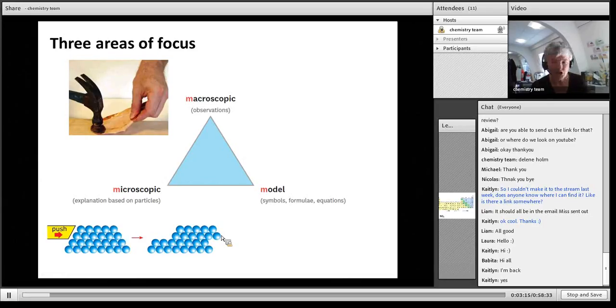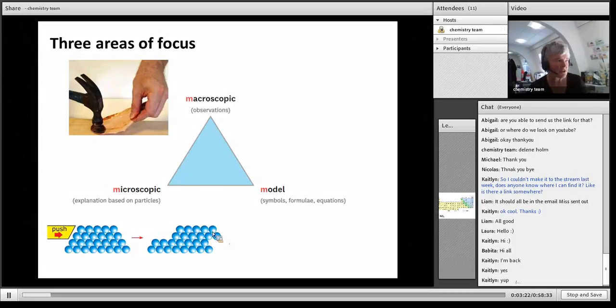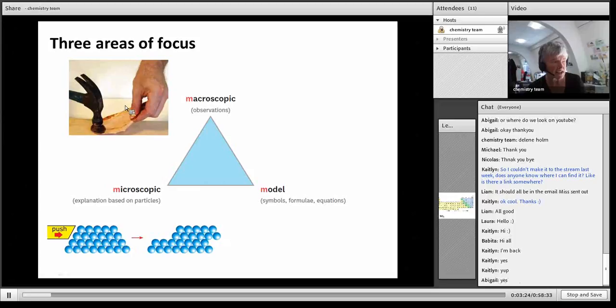I know we haven't discussed metallic bonding yet, but can you see what I mean by the theory? So we've got what we see, and this is how we explain it.